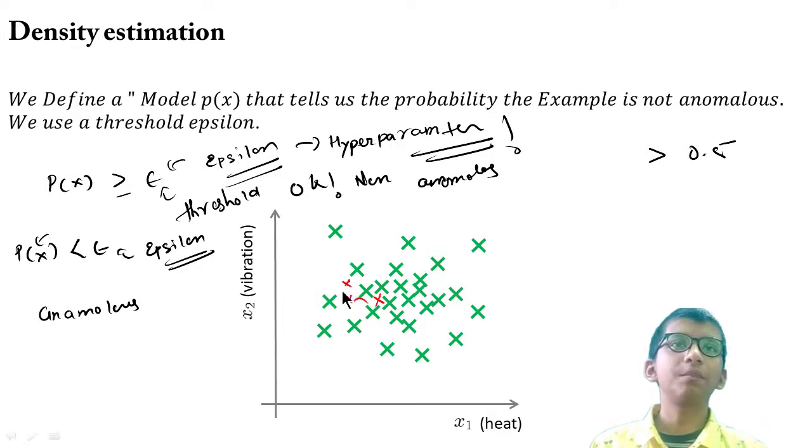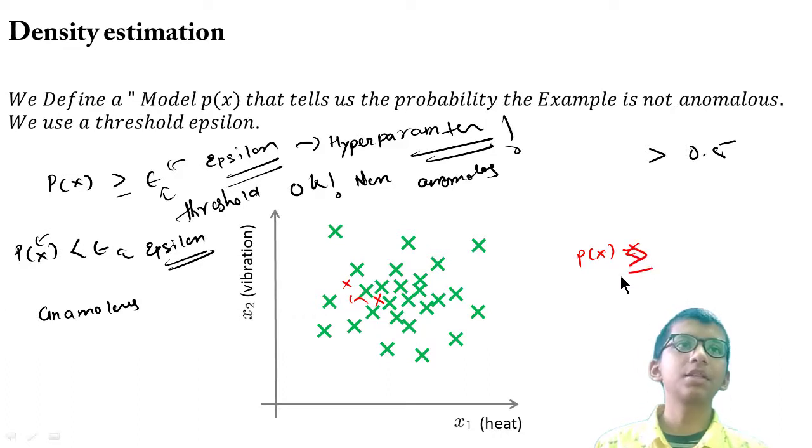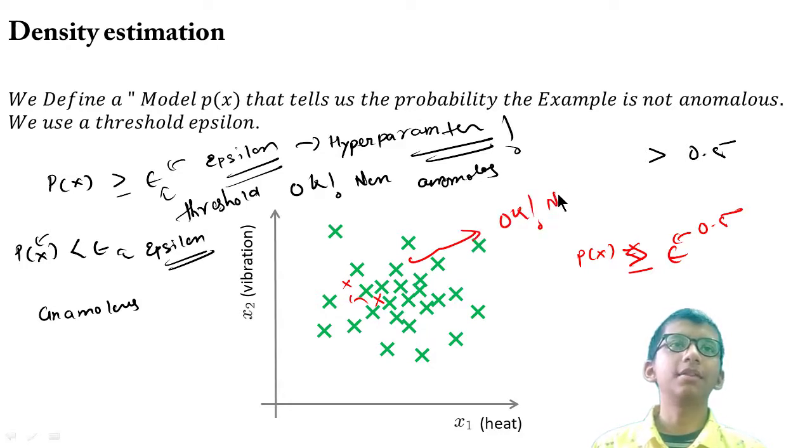So p of x greater than or equal to our epsilon. Let's say epsilon is 0.5. We have tuned it, and if it is greater than this, it is not anomalous.